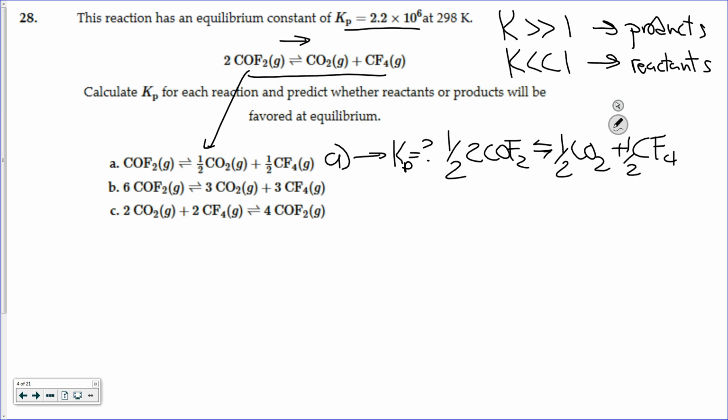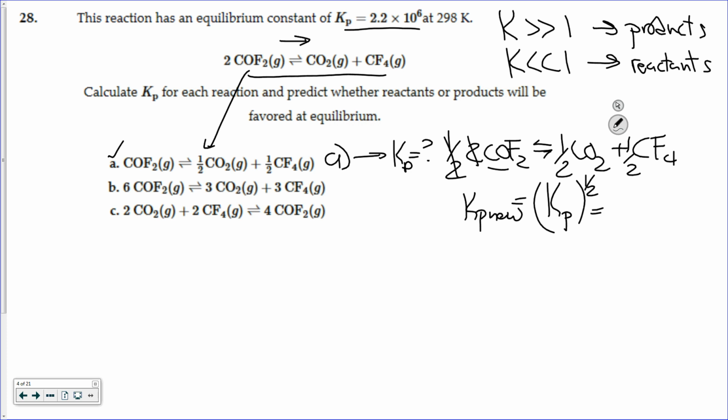The 1/2 of 2 makes that the CO, 1/2 CO2, 1/2 CF4. So that's equal to this expression at that point. If we multiply everything by 1/2, that means the K sub P new would equal the K original to the 1/2 power.